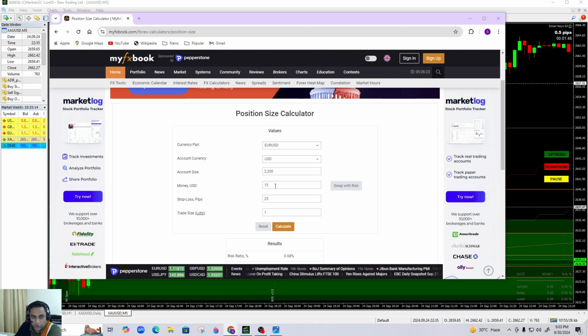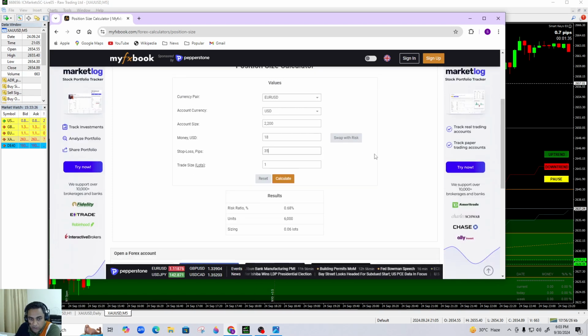So let's say, for example, I'm willing to lose about $18 on this trade, and I have roughly a 35 pip stop loss, and then it tells me I can take a maximum lot size of about 0.05. Okay, roughly that's what I can do. And if I'm willing to risk, let's say $20, then I can take about 0.06, right?